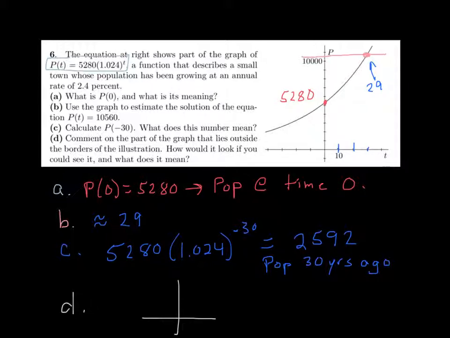If that's our axis, it's going to start pretty flat, but it starts to increase pretty quickly. If you think about it, population at some point started at a really small number. Towns started at 5 people, then somebody moved in, 10 people, and then eventually it started to grow and grow.